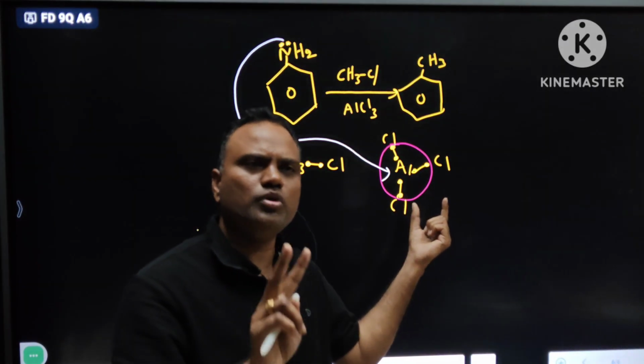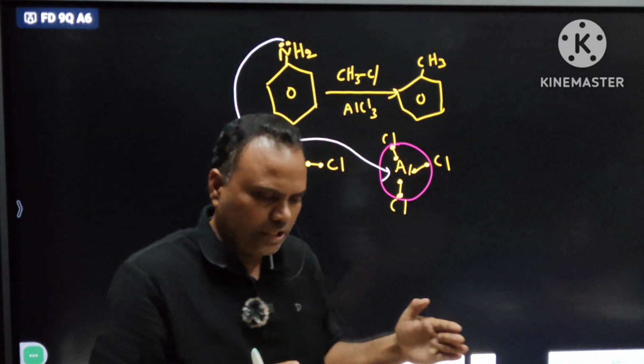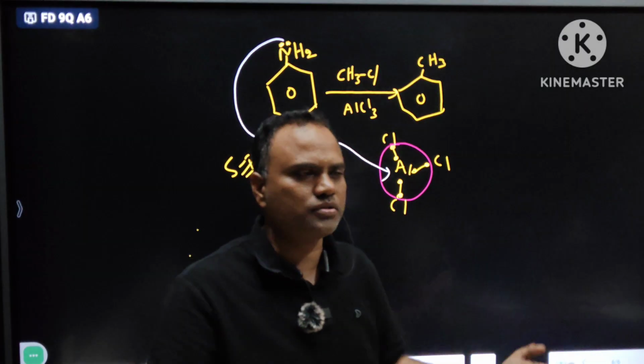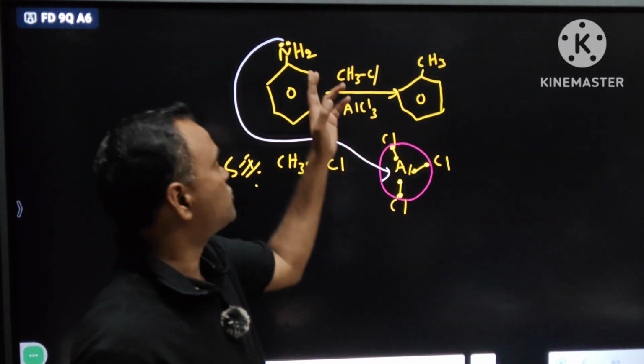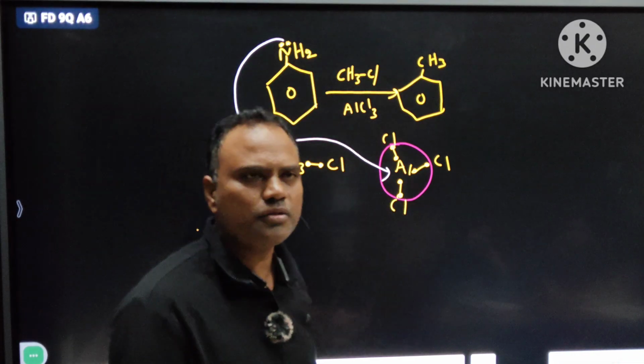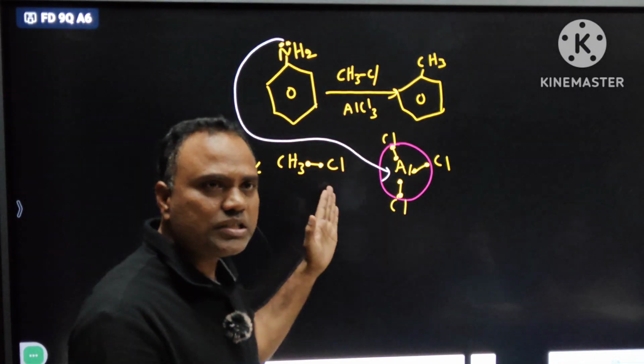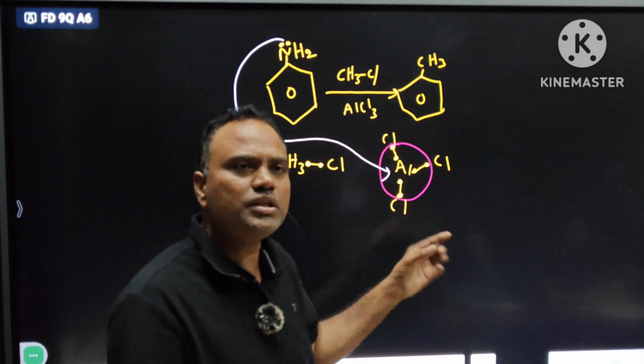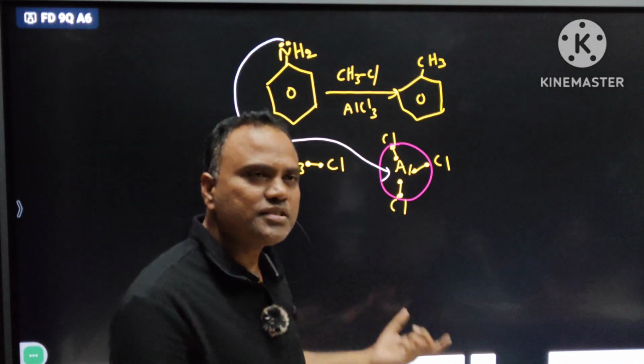AlCl3 requires 2 more electrons to complete the octet. It is ready to take electrons from others. If NH2 gives electrons fast, AlCl3 accepts electrons from NH2 only. If CH3Cl gives electrons fast, then it accepts electrons from CH3Cl only.